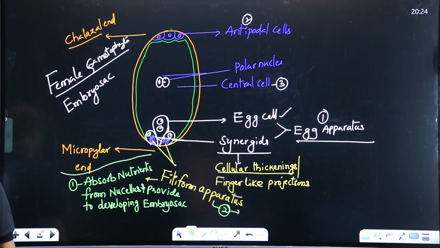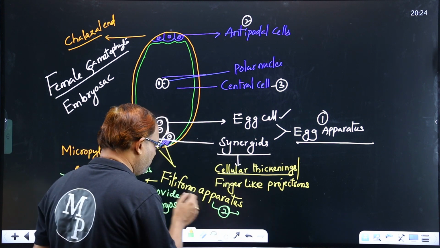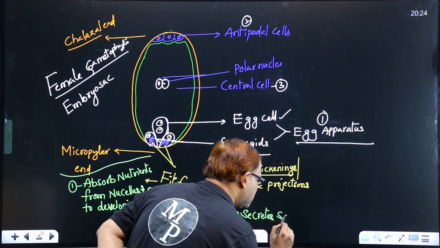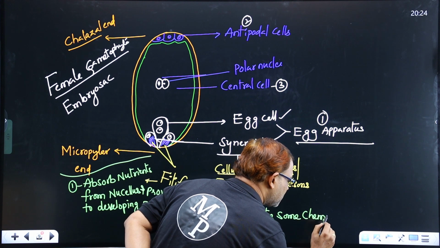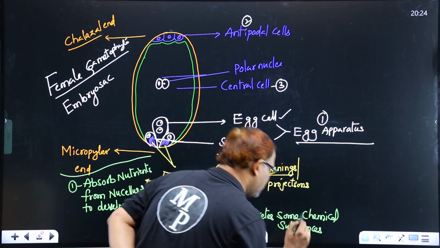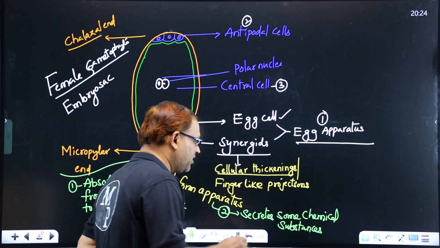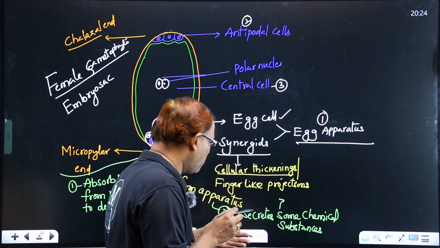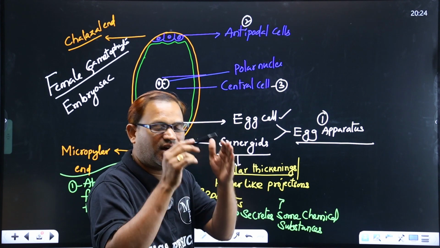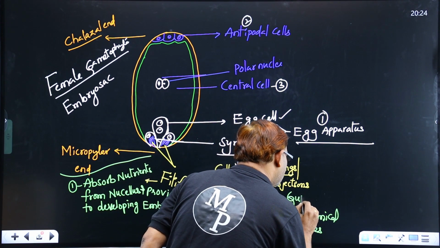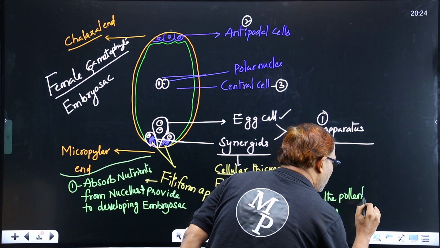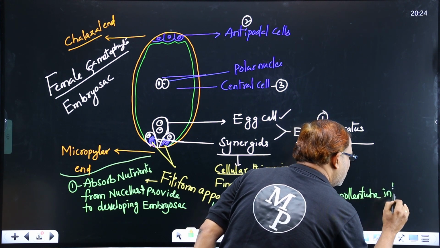The filiform apparatus secretes some chemical substances, which guide the pollen tube into the embryo sac.